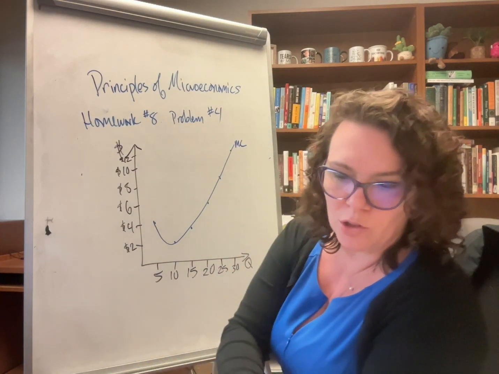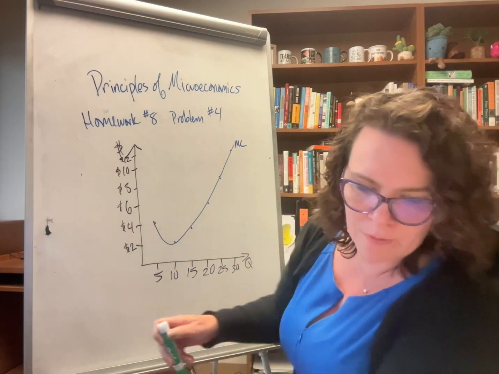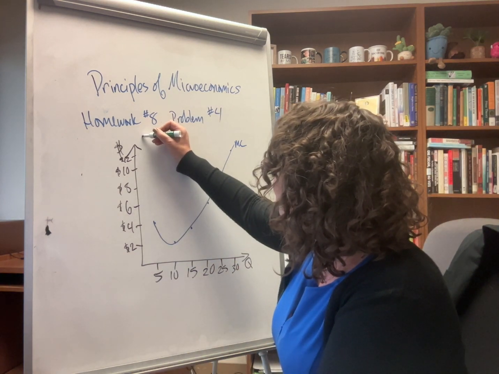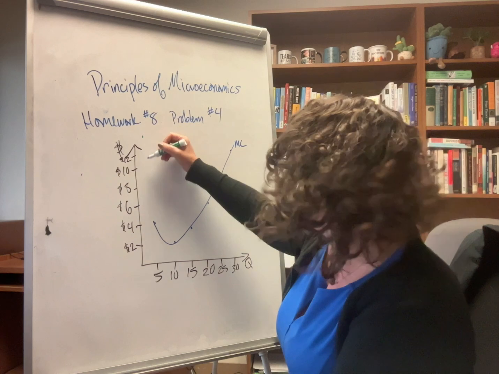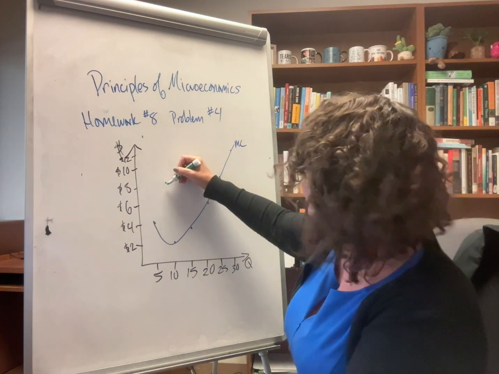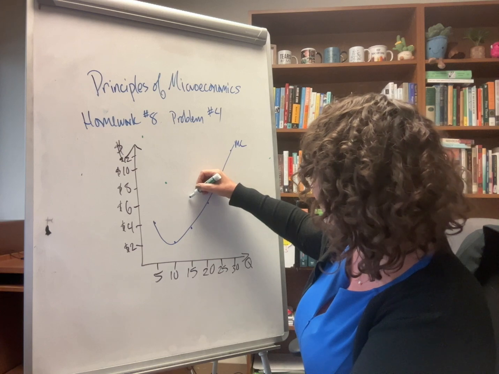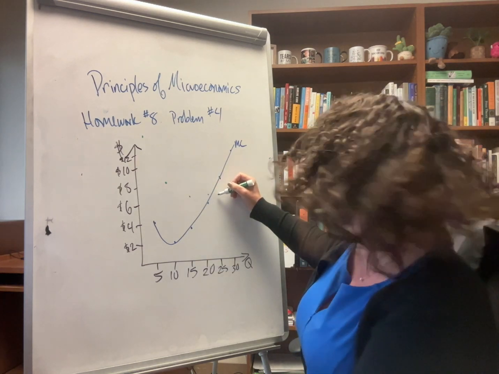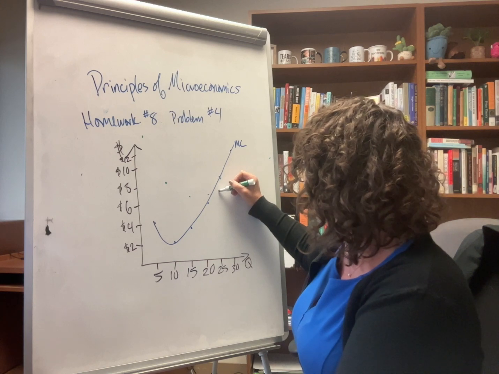I want to now graph average total cost. Average total cost is going to start at 14, which is still going to be off scale. And then it's going to drop immediately to 8 at a quantity of 10. And then 6 at a quantity of 15. 6 at a quantity of 20. 6.4 at a quantity of 25.